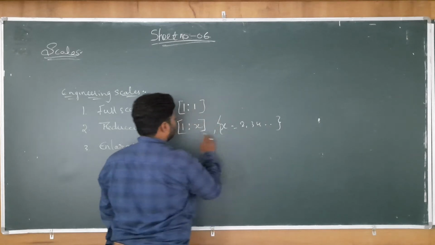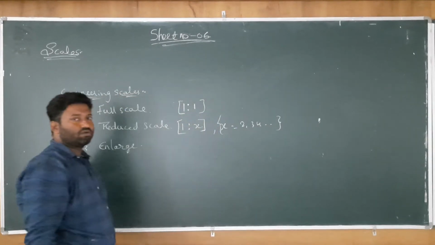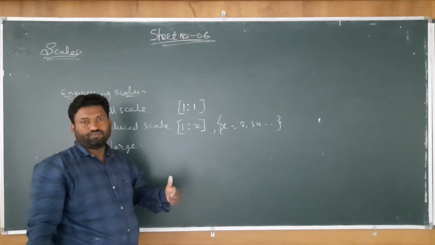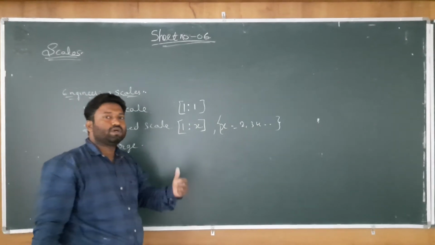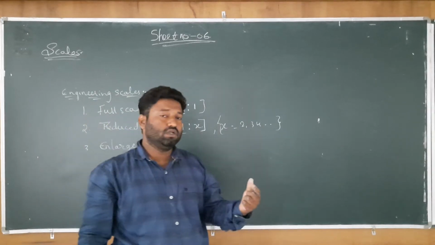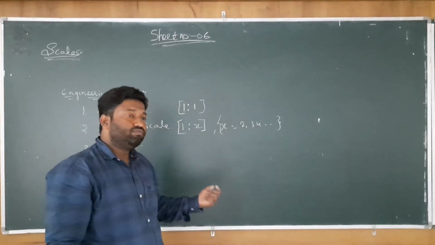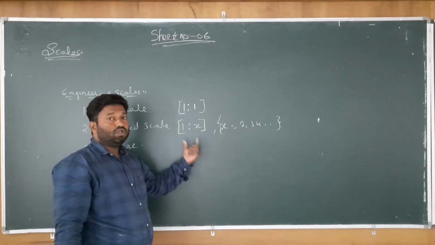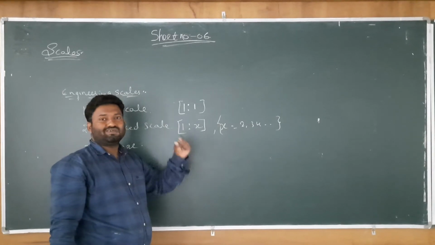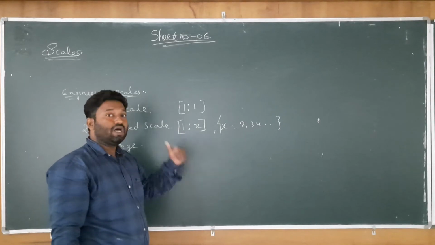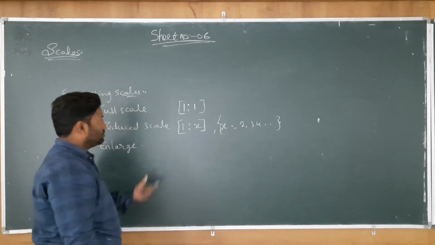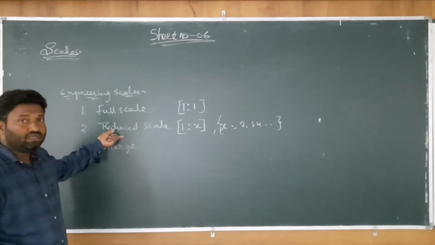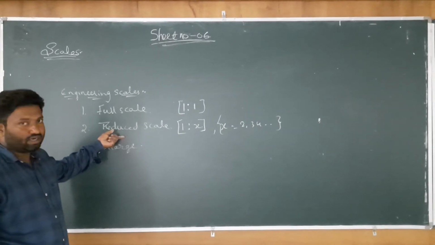As the denominator number is increasing, the length of the diagram is decreasing. When we compare the length of the actual element and the length of the diagram, the size of the object is reduced compared to the actual size of the element. Because of that we are reducing the size of that element in the diagram.